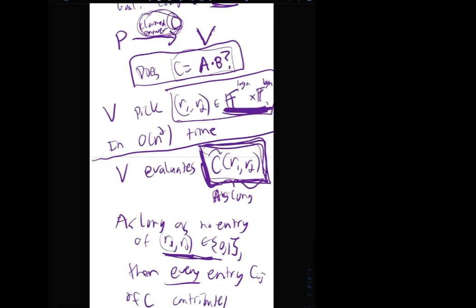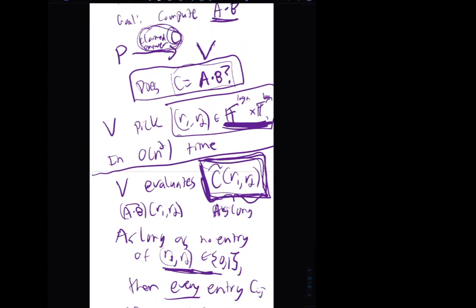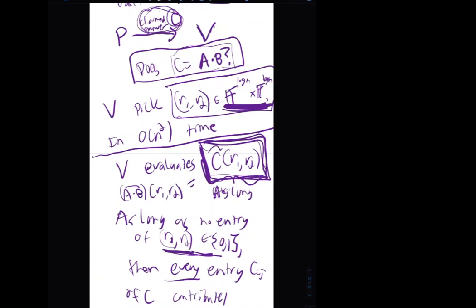Which means that if the verifier manages to compute A times B twiddle at the same random point, and they match, it's safe for the verifier to believe that A times B and C are in fact the same matrix. Right? Because if they were not the same matrix, the prover would have to get really lucky over the choice of R1, R2 for this match to occur.